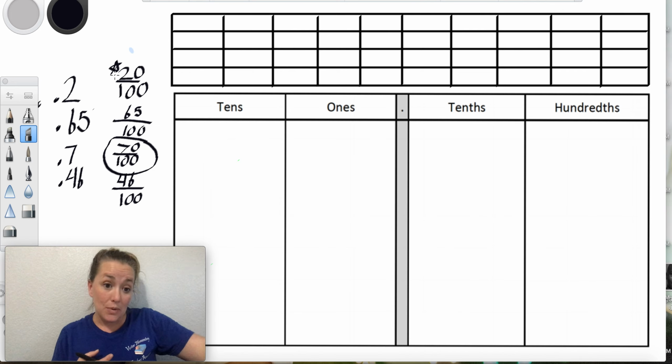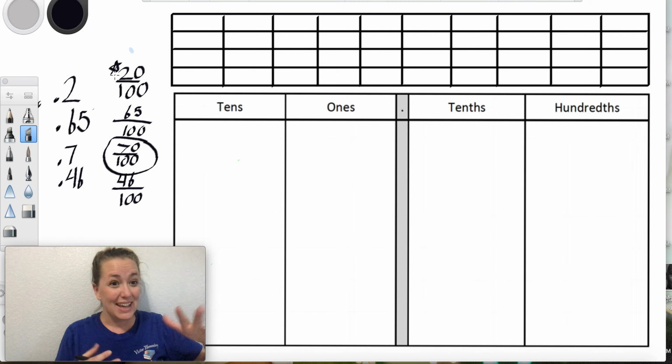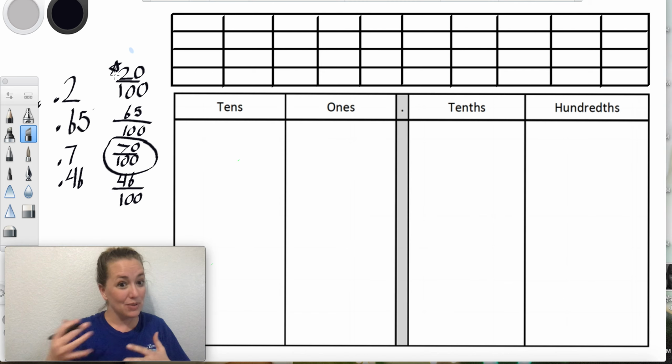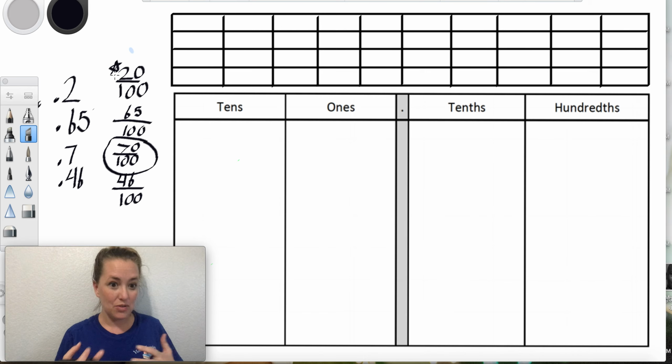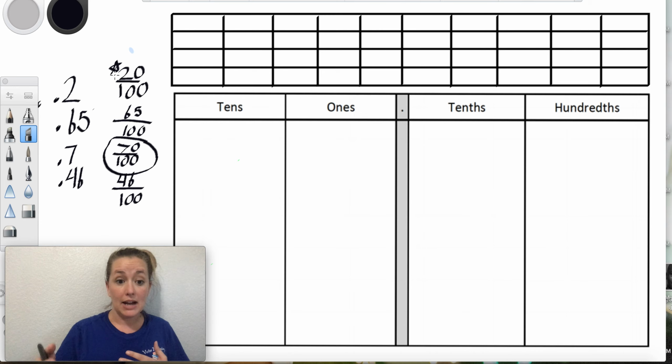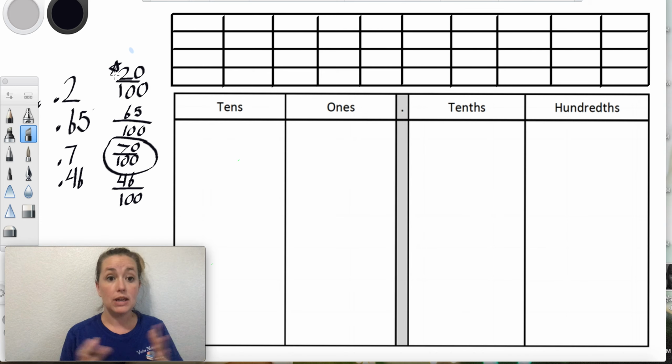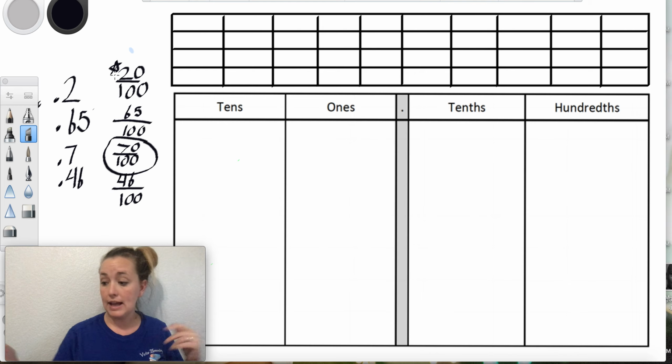So that's one way we can look at it, understanding that these decimals really are just fractions, and we're so comfortable with our fractions, we can compare those pretty easily. Now, another way that we could look at it is we could actually draw pictures of them. We can show what they look like.